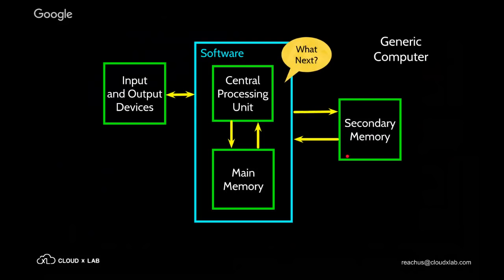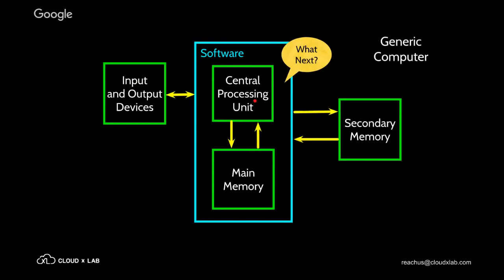Even in the phone, even in the computer, the architecture is the same. There's a processor which loads things into the main memory, processes them, and gives the output to the output devices or saves it in another secondary memory. So basically when we write the code, when we write the software, we give the instructions to the central processing unit.